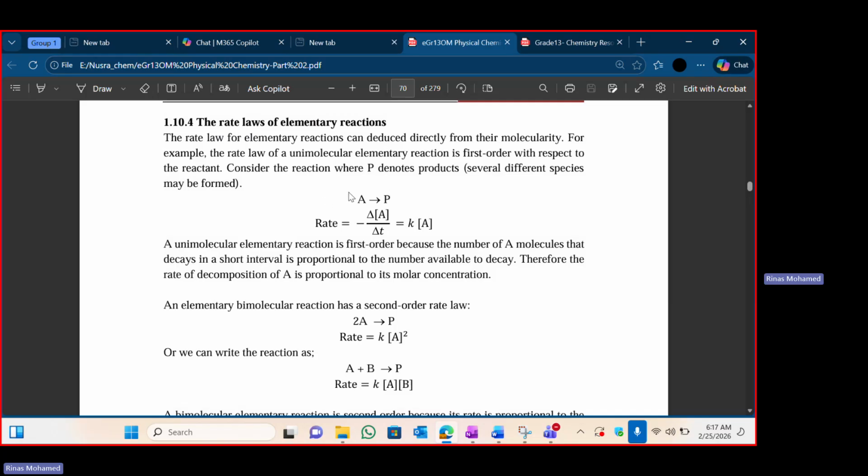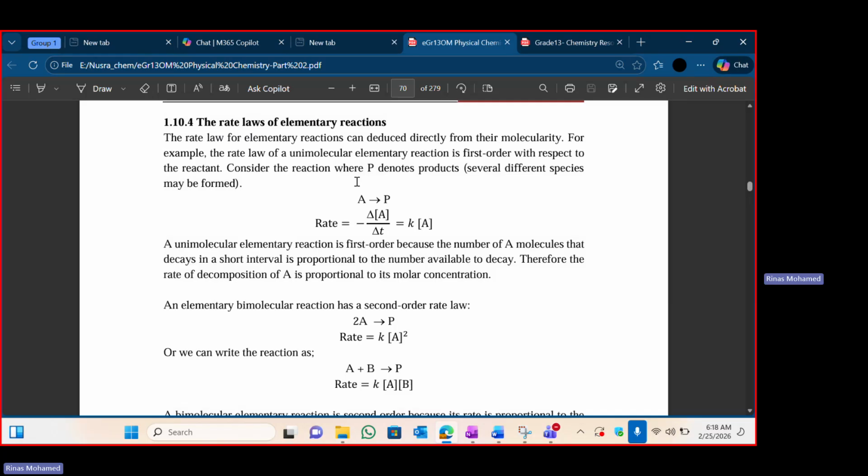So A is converted into P. If they tell you that this is an elementary reaction, then we can express the rate law as rate equals the rate constant into the concentration of A to the power 1.